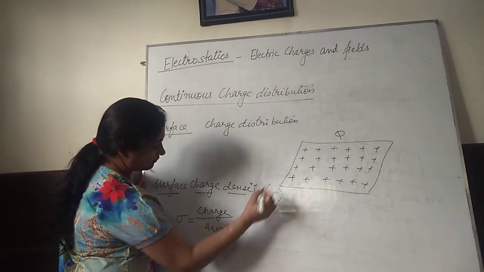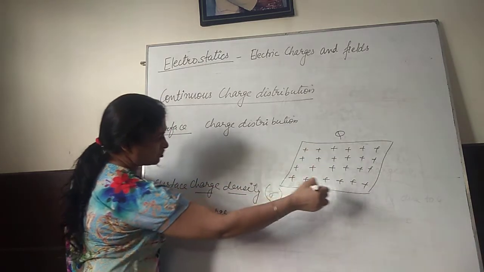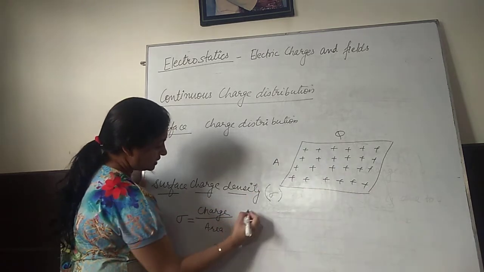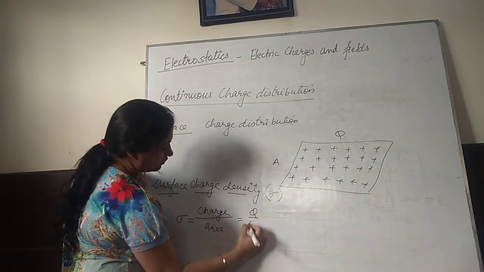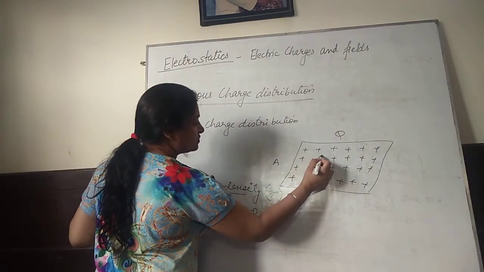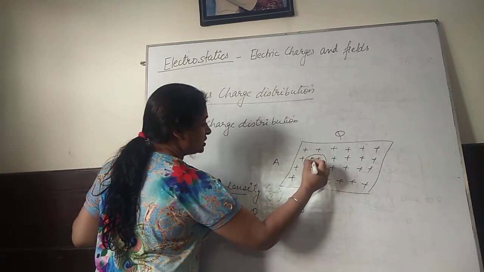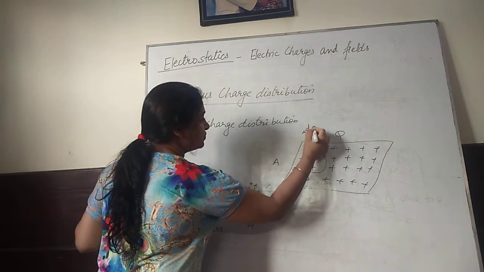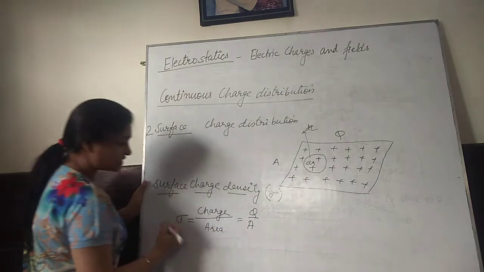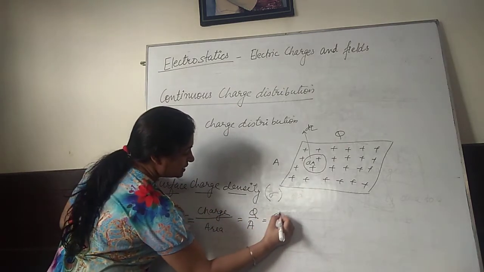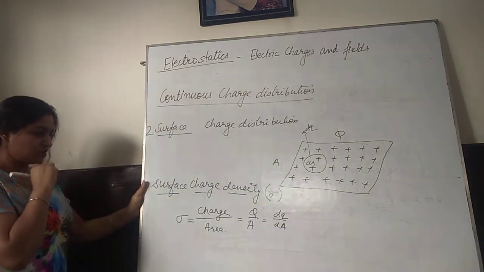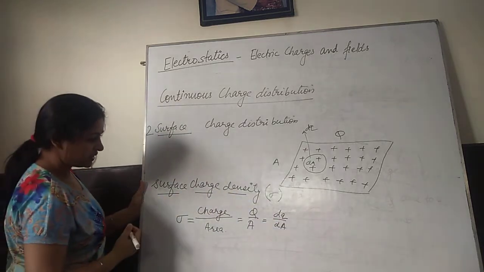If the total charge on this sheet is Q and A is the area of this sheet, then sigma would be Q over A. Or I can consider a very small portion of this sheet whose charge is dQ and area is dA. In that case sigma can also be written as dQ over dA. So this is the formula for the surface charge density.